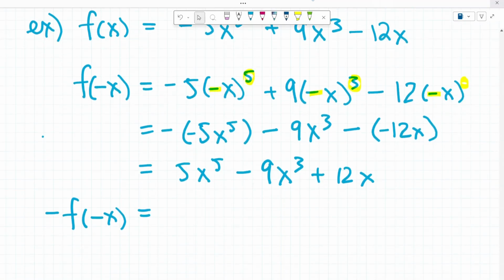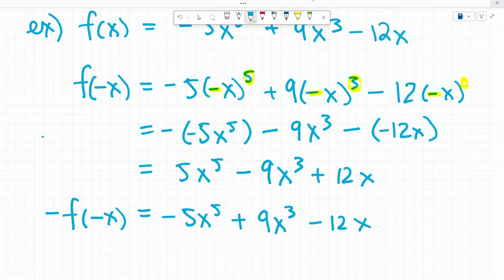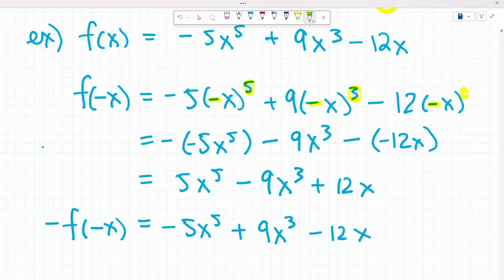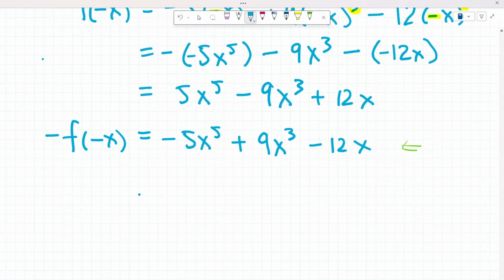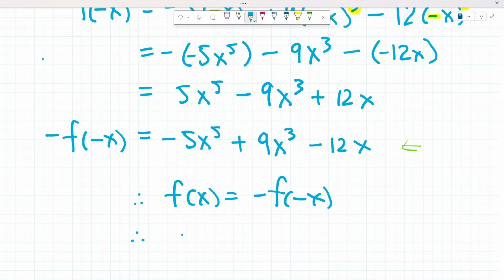And we can distribute this negative to each term, giving us negative 5x to the 5 plus 9x cubed minus 12x. And that is exactly what we started with over here, meaning that this is indeed an odd function. So we'd write, therefore, f of x equals negative f of negative x. Therefore, it is an odd function.